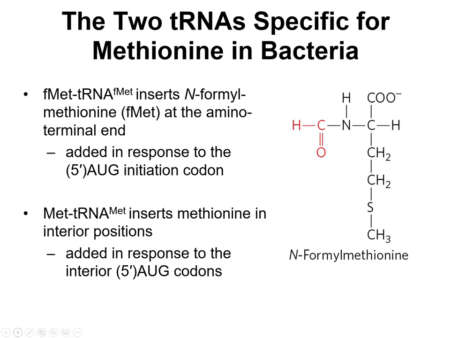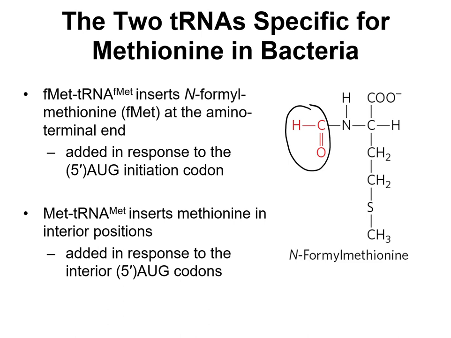In bacteria, there's a difference in terms of the methionine, it's modified. So the beginning methionine has a formyl group at the amino terminal end. So this is actually added in response to the AUG initiation codon.